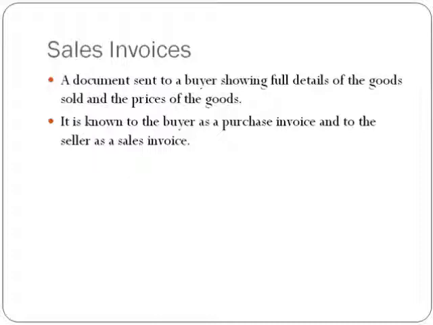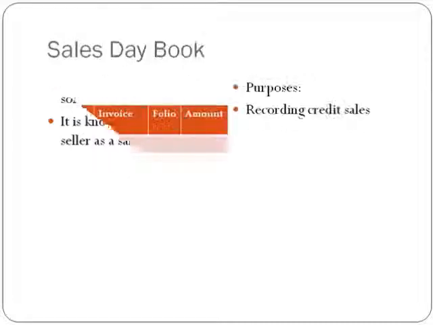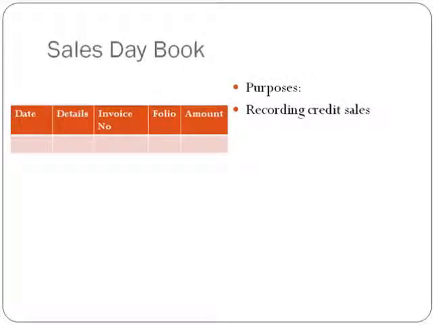So this document will be sent by you to your particular customer, and whenever it is sent by you to your customer, it is known as a sales invoice. However, if you are the customer and the supplier sends this to you, it is known to you as a purchase invoice.